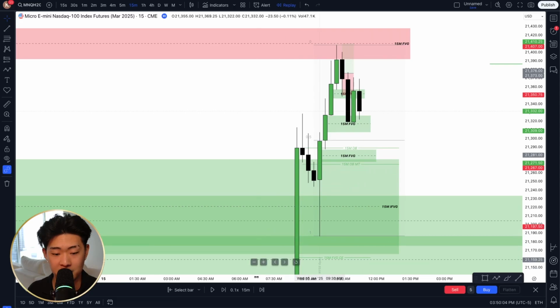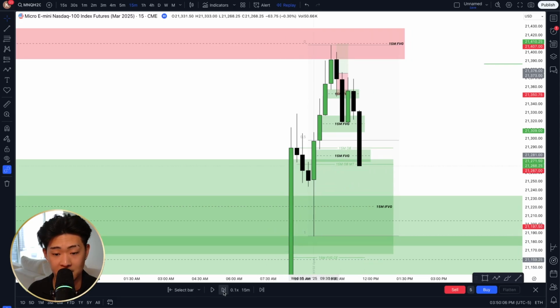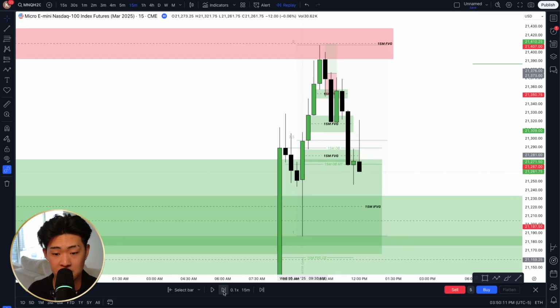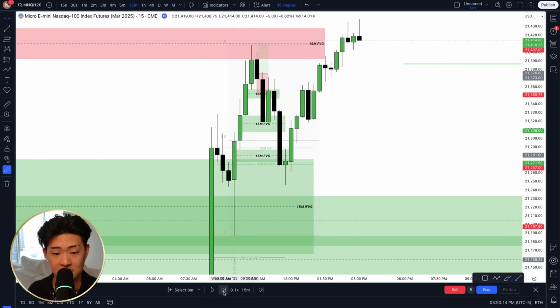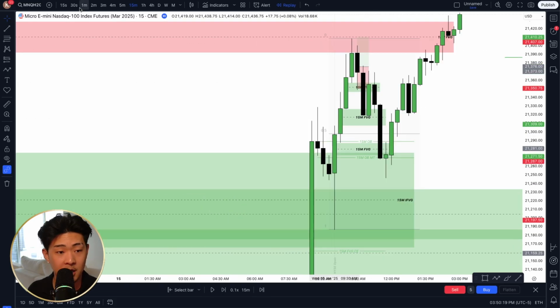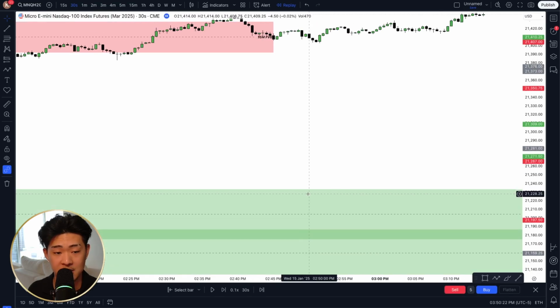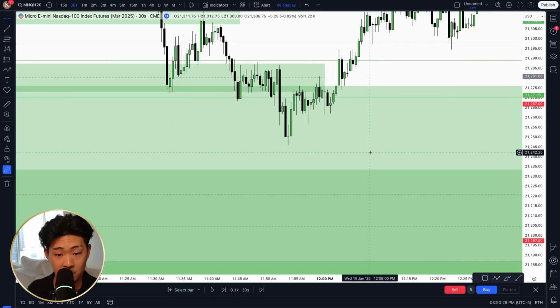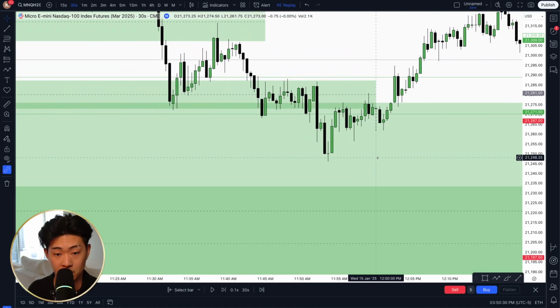So let's see what happens when price reaches for that level. You can see we reach for a discount, and at that point, you can see we start to buy up and actually take that high. And what's going to be crazy, let's go ahead and zoom into a 30-second chart. Let's come all the way down here where price reached for that discount. And what are we going to see right by that order block mean threshold?